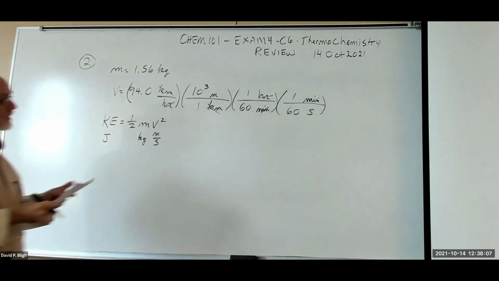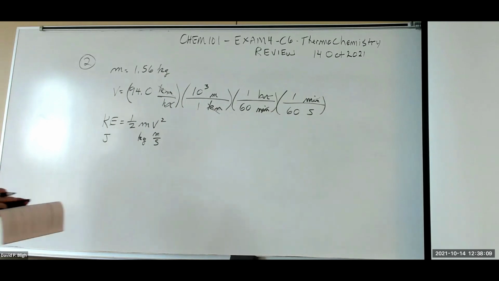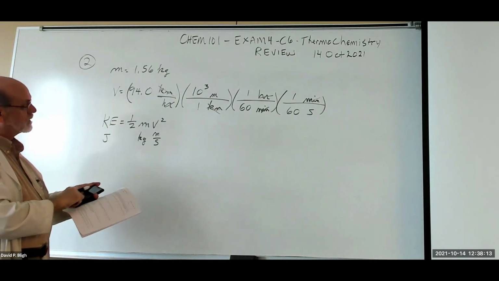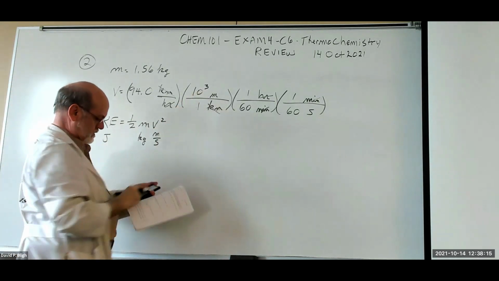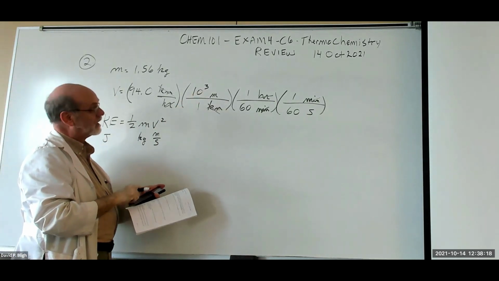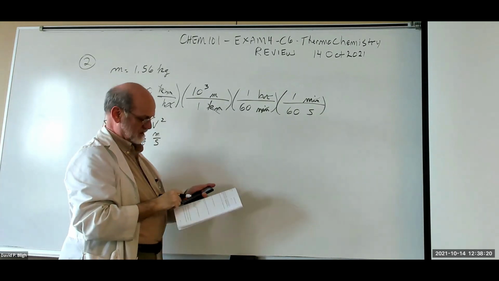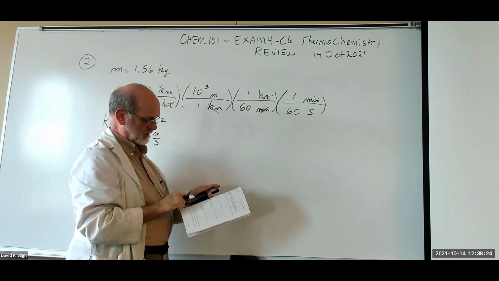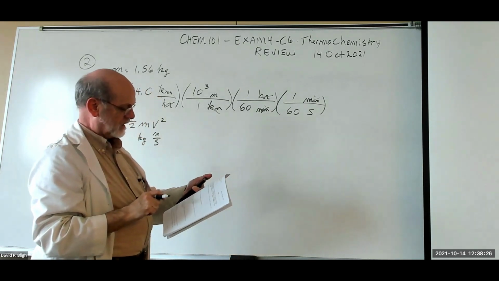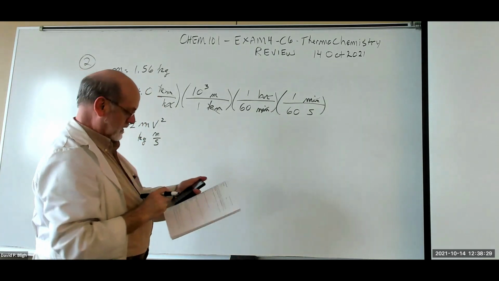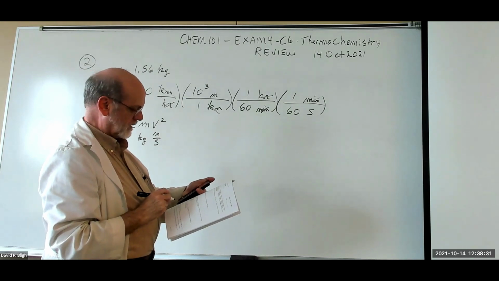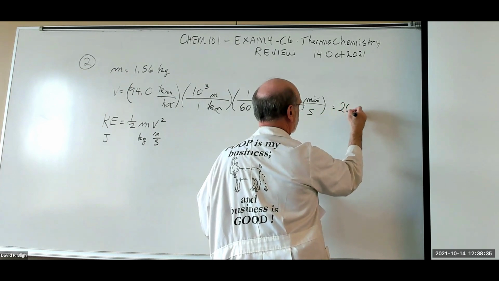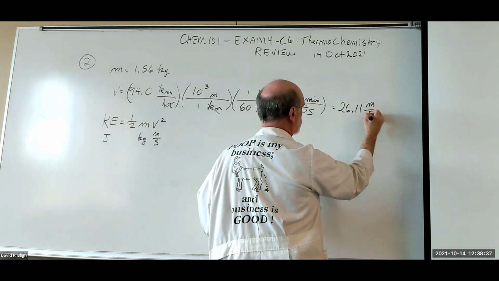Okay, so now all we have to do is resolve that to, let's see, 94 times 1,000 divided by 60, and then divided by 60. And that's, I'm going to keep a couple of extra digits, 26.11 meters per second.